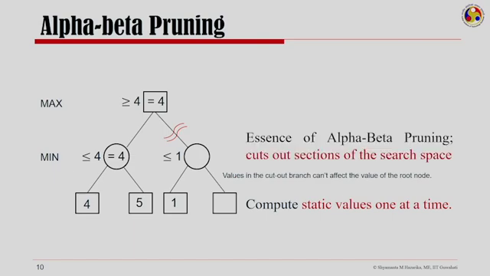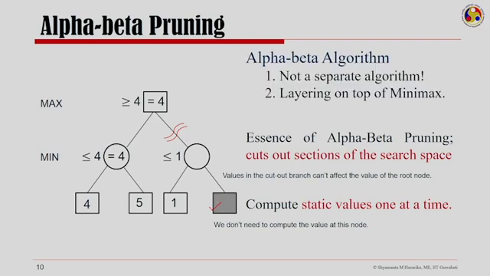So the essence of alpha beta pruning is that the cutout sections of the search space do not affect the value of the root node, and we therefore do not need to compute these values which have been cut out. We need to realize that alpha beta pruning is not a separate algorithm.